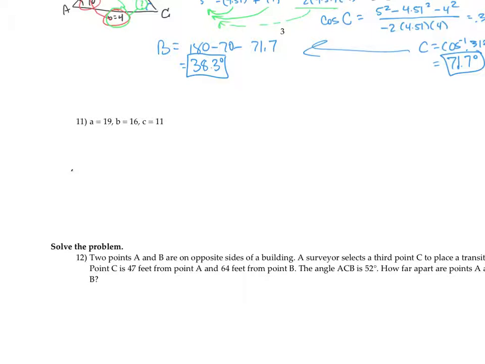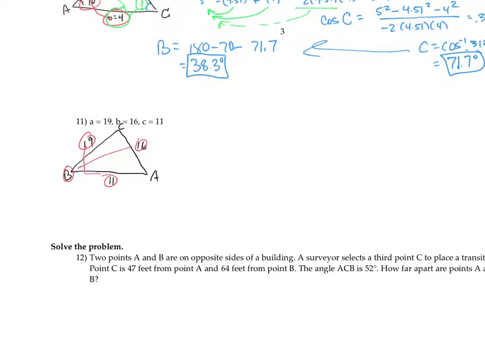Excellent. Last one is the last case we haven't considered yet, which is the side-side-side. 19, 16, and 11. That makes this A, B, and C. So again, using any one of my anchors, let's say this one, and this one.